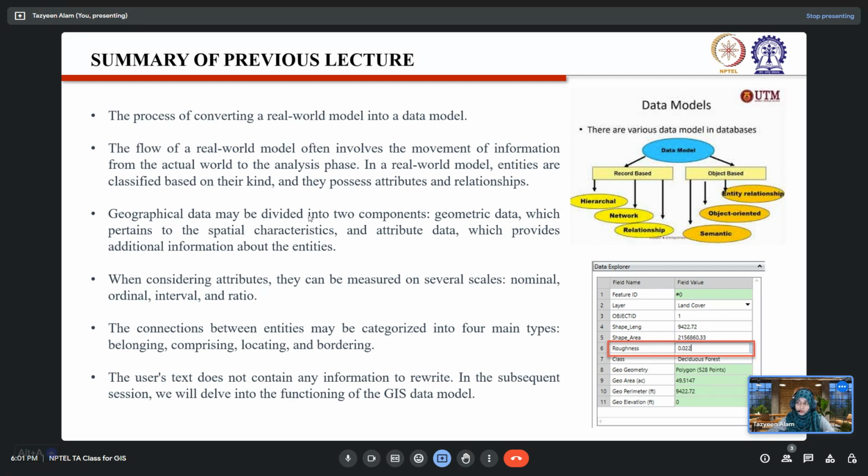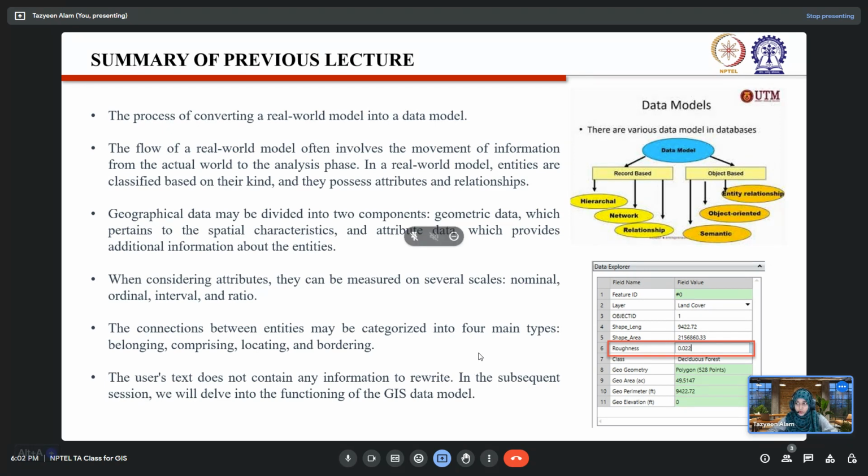Then the flow of a real world model, which involves the movement of information. So we are transferring real life information that exists on the Earth's surface into our processing system, and we are trying to get an output that coincides with what is available on the surface of the Earth.